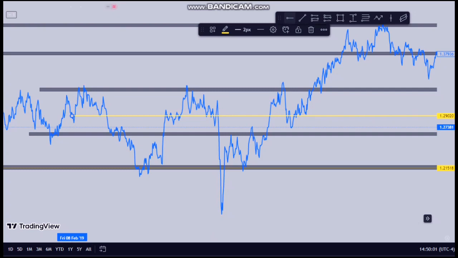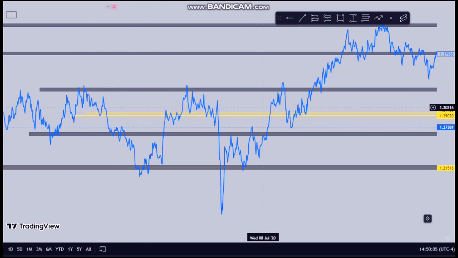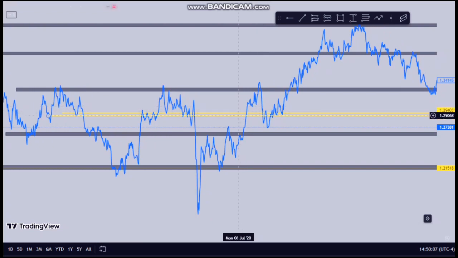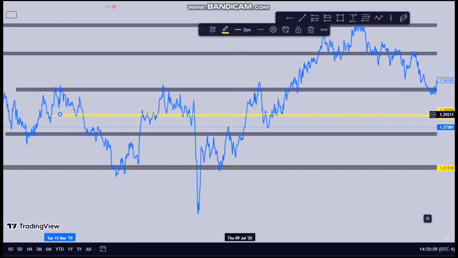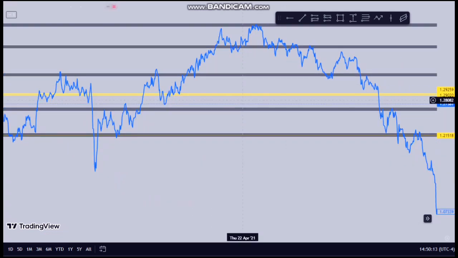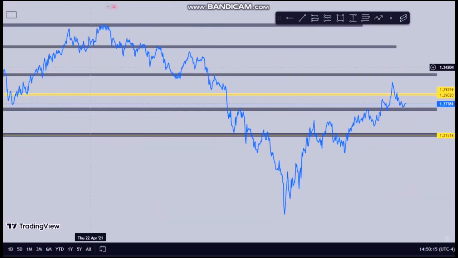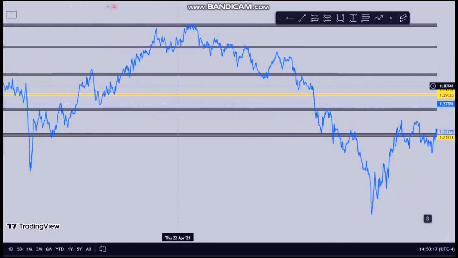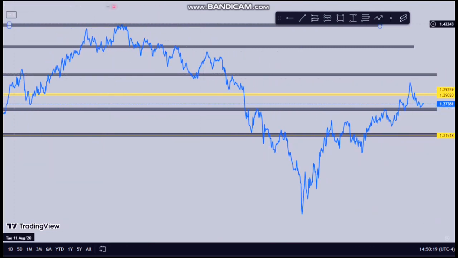We don't have clear support areas, so we might have to use this line. Let's tighten it. This is a very nice support area on the daily, and we are done on the daily.